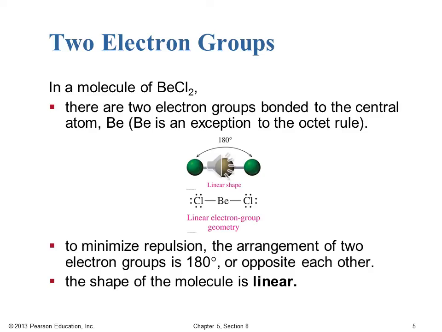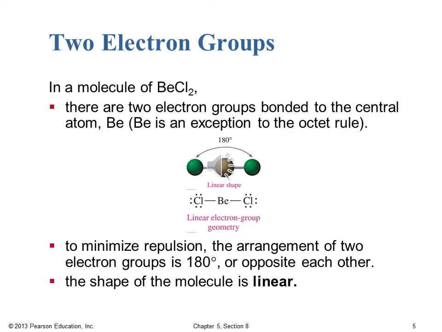So let's start with a simple case where we have just 2 electron groups around the central atom. So in a molecule of beryllium chloride, remember beryllium from our list of exceptions to the octet rule, beryllium's happy with a quartet. So in beryllium, if we have just 2 electron groups around that central atom, the beryllium itself would want to have those electron groups as far away as possible.